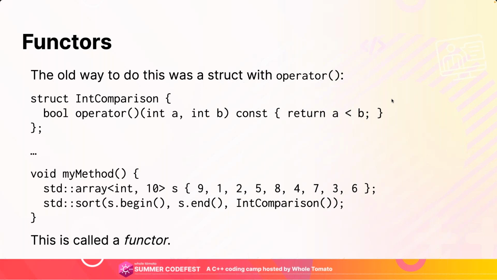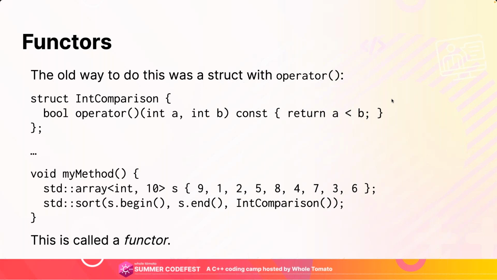Now the old way to do this in C++ was with a struct with the call operator. So suppose I needed some kind of comparison, let's say in a sort or something like that. I might define a little method that compares my types. Here I've used integers, but that's just to have very short code on the screen.